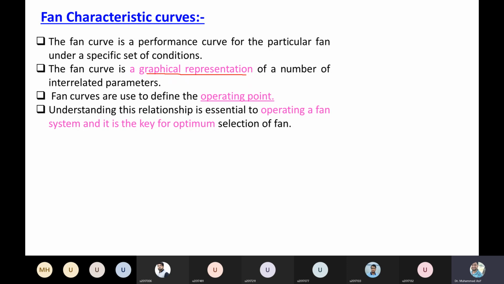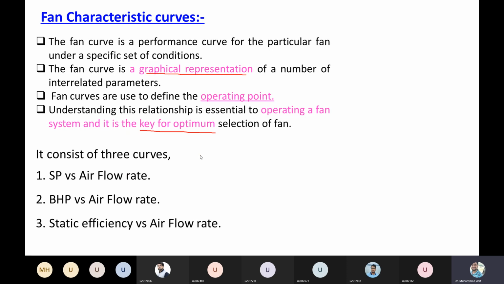I mean, you will see what the parameters for selection are, right? So that means they will give you an indication of the optimum operating condition for that particular fan. So there are normally three characteristic curves. One is the relationship between the static pressure and airflow rate, the brake horsepower and the airflow rate, and static efficiency and the airflow rate.